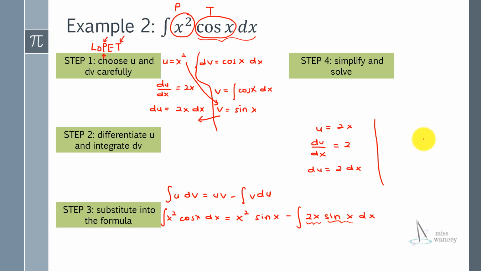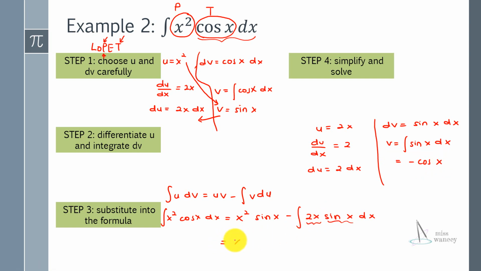And then we have sine of x, so that is dv. dv equals sine of x dx, which means v will be the integral of sine of x dx. Integrating sine, we get negative cos of x.